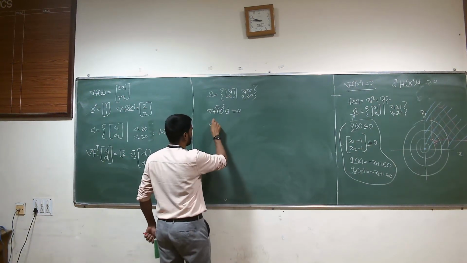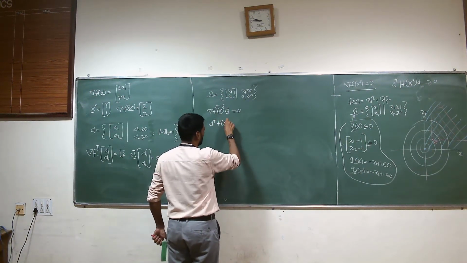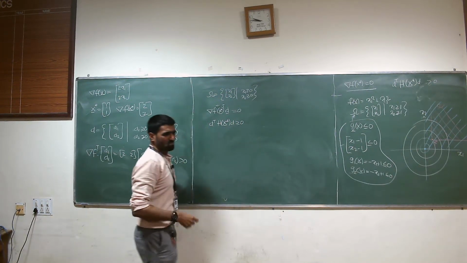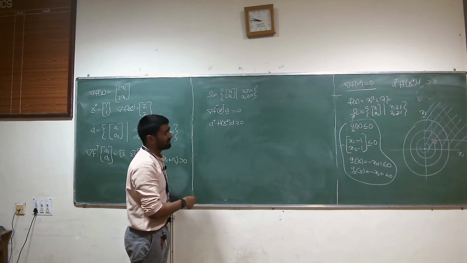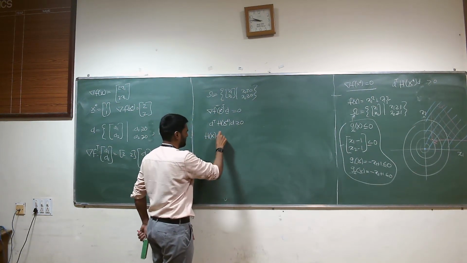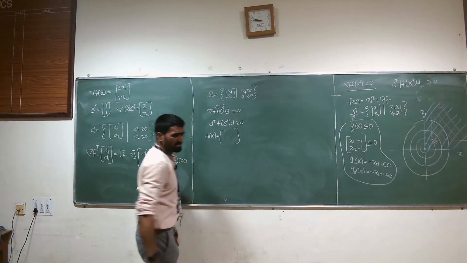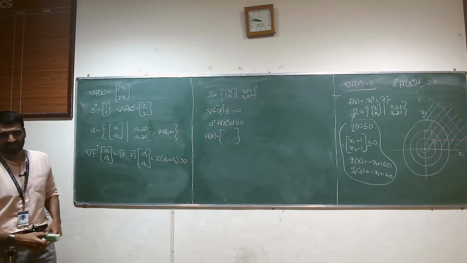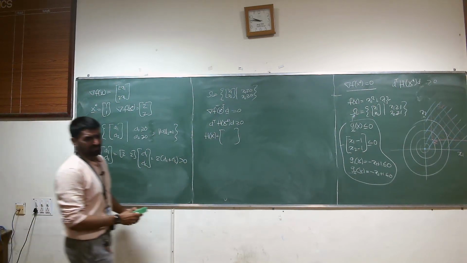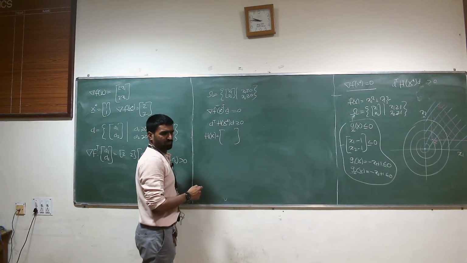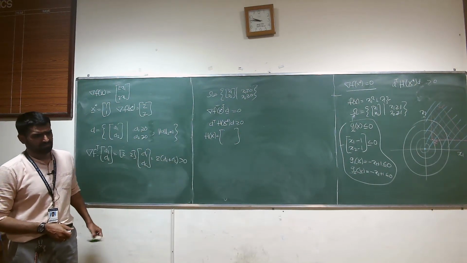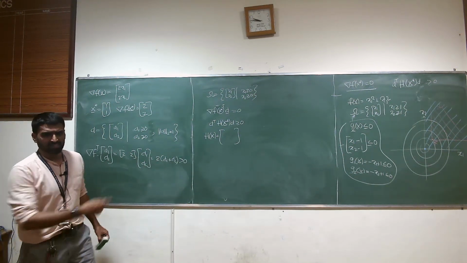Well, what is the Hessian for this? What is the Hessian matrix?